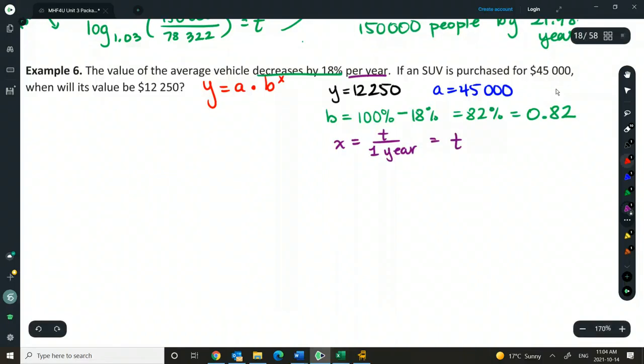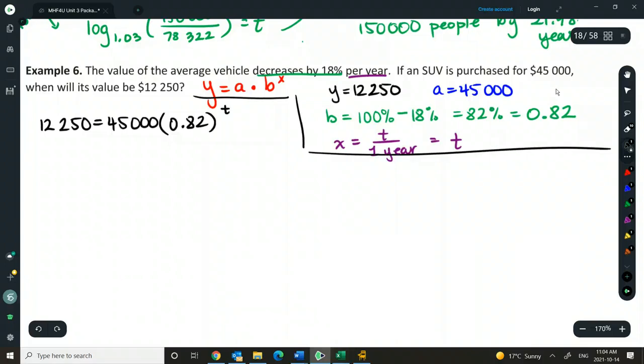Okay, let's plug in. In either method, we must have the base and exponent isolated on one side, so you're going to divide out the 45,000 to start.